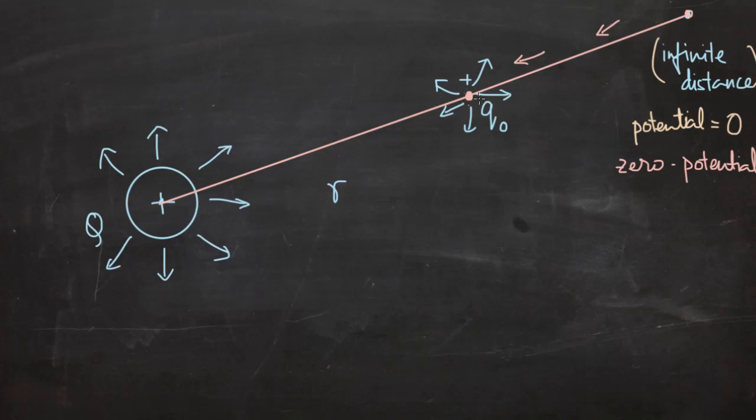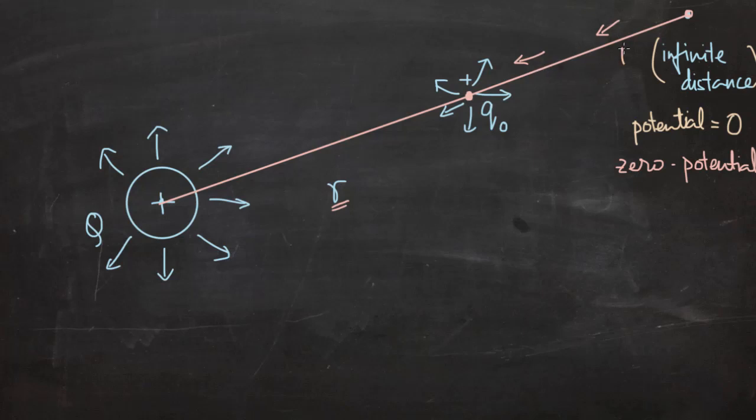Now imagine you have this test charge Q naught in your hand, and you have started from an infinite distance, that is basically a distance away from this large positive charge where you don't feel any repulsion, and you're moving this charge which is in your hand towards the point where it finally is at a distance of r. You will see that as you move closer, the force of repulsion on your hand keeps increasing.